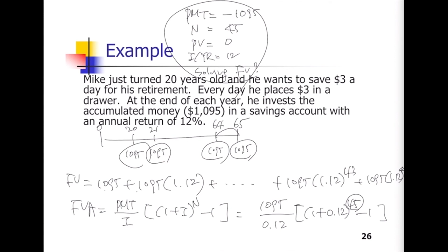Or you can use Excel. In Excel, use the FV function and input the numbers: for example, 0.12 is the rate, then the number of periods, and the payment. And there is no money when he was born, so the current cash flow is 0, right?